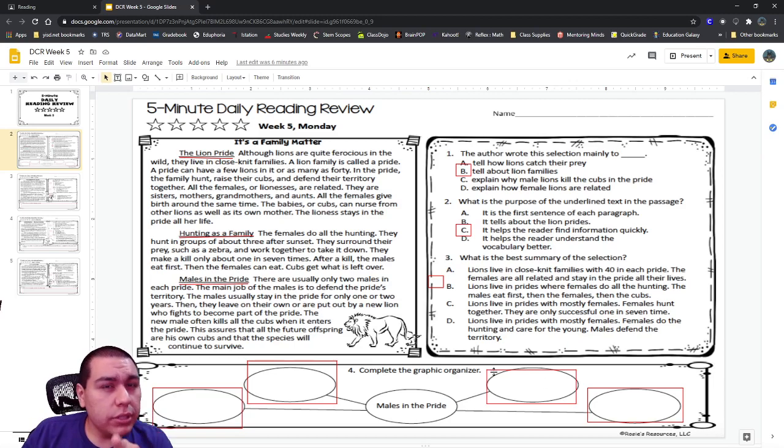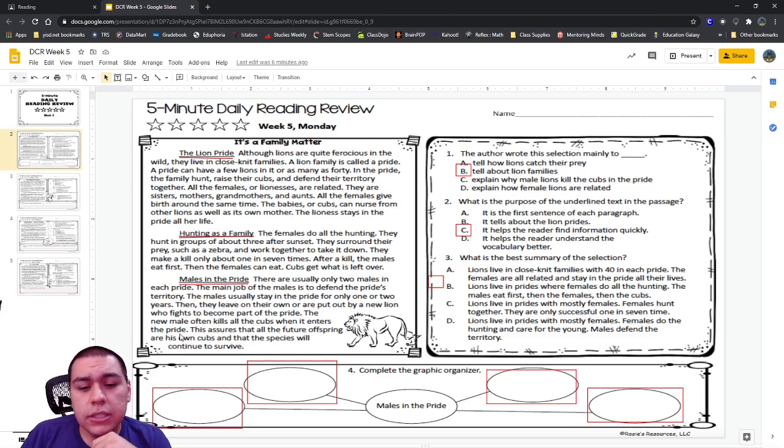If I look at answer choice D, lions live in prides with mostly females. That's what paragraph 1 told us. Females do the hunting and care for the young. Paragraph 2 told us that. Males defend the territory. That's what paragraph 3 told us.